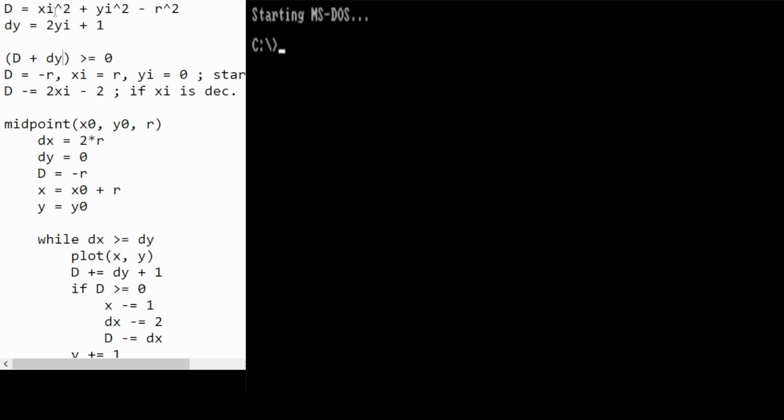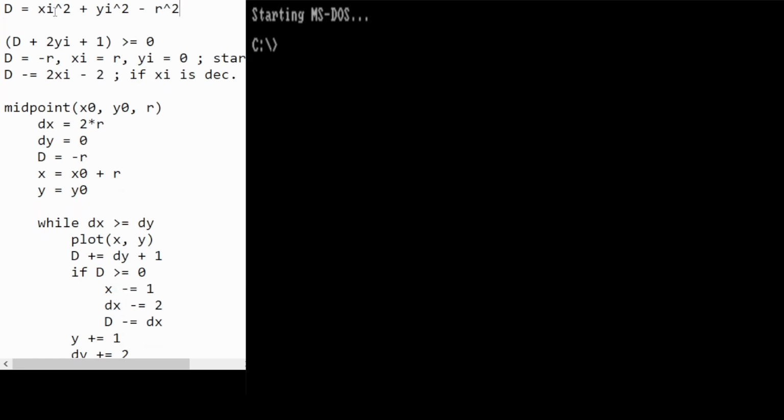So the next thing I'm going to do is plug in dy, and that will be 2yi plus 1 according to the previous line. And so now we can actually get rid of this dy since it doesn't appear anywhere else. And I want to think about what happens in the case where yi gets incremented, and that will happen all the time.